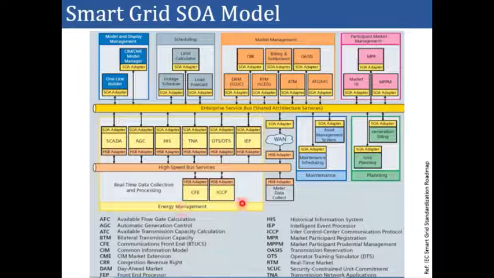So this layer is nothing but the real-time data collection and processing layer, where the communication front end will receive the data, filter out the initial data set, and then share the data to the high-speed service bus. So this is the high-speed service bus where all the operational technology applications will send and receive the data.